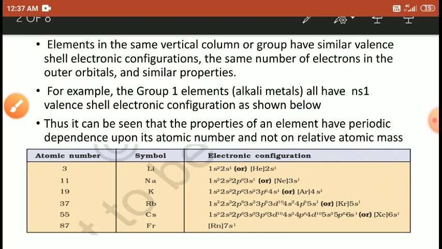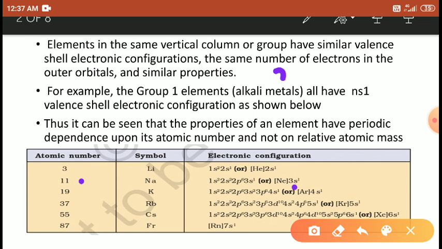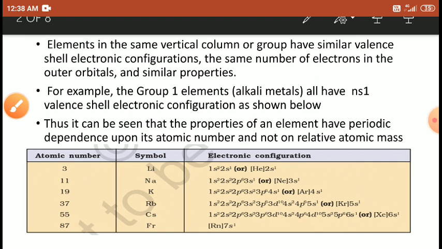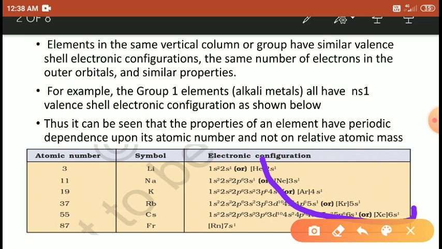Again the atomic number increases, 11, and the outermost electron is present in the 3s1 orbital. Next, in potassium, the outermost electron is present in the 4s1 orbital, and in rubidium, the outermost electron is present in the 5s1 orbital. So we have to observe that in all of them the one electron belongs to the s orbital.